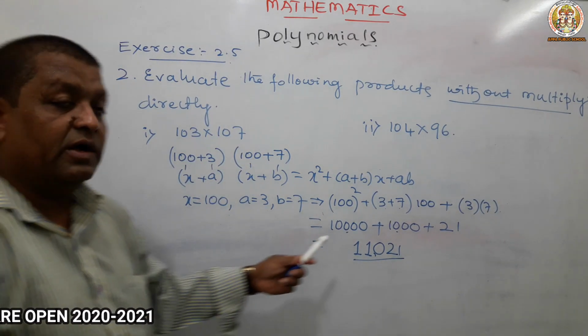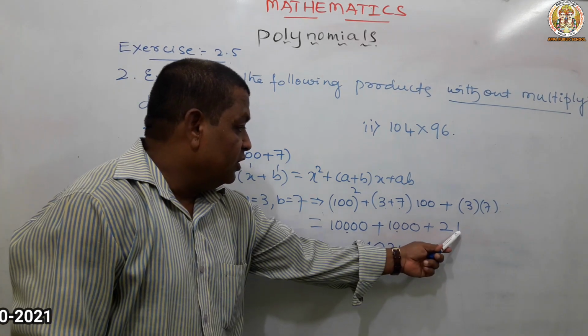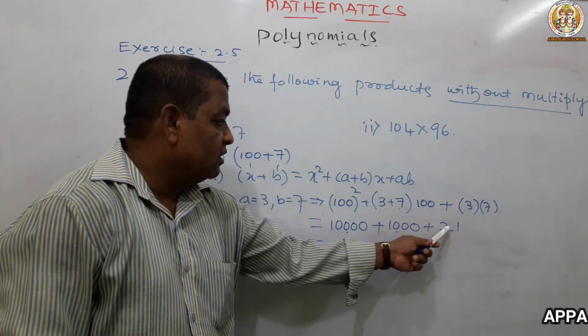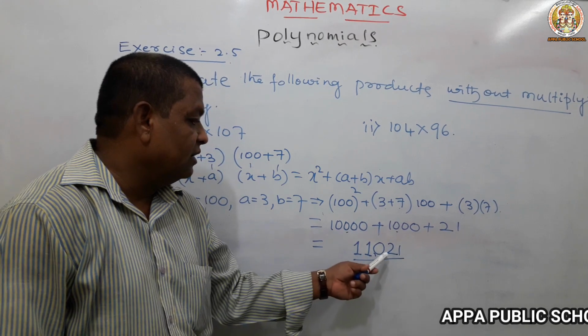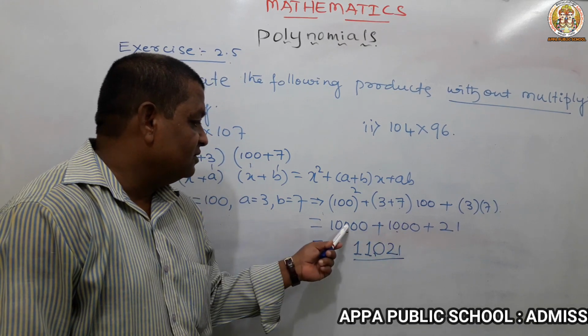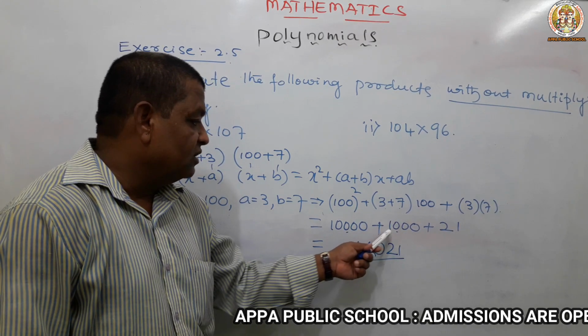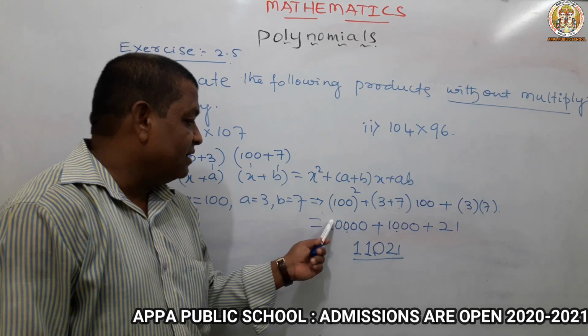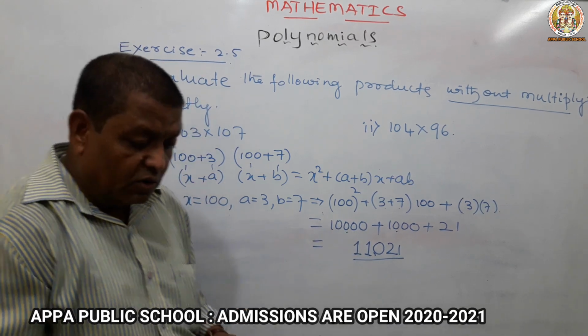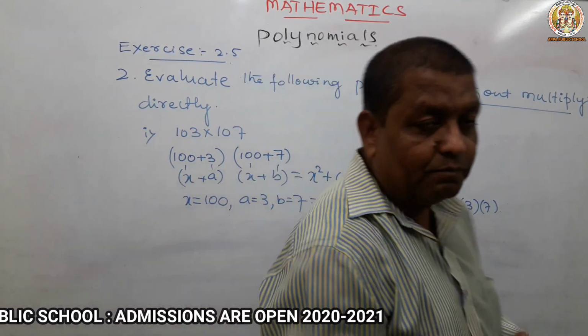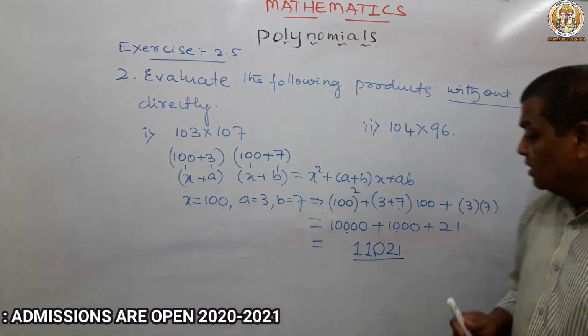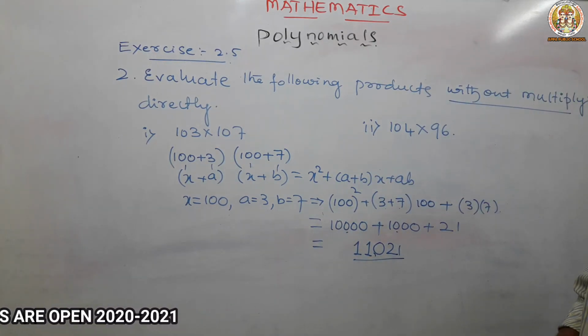So this is how we can solve. See, unit place 1 only, tens place 2 only, hundreds place 0 only, thousands place 1 only, and ten-thousands place 1 only. So you can do addition like this, by visual, or you can use the common method.